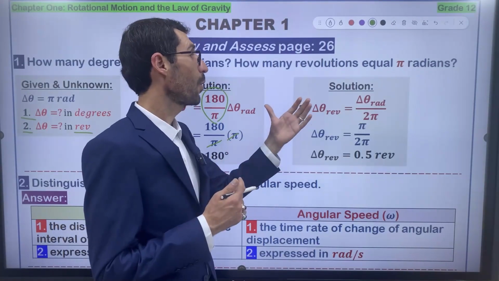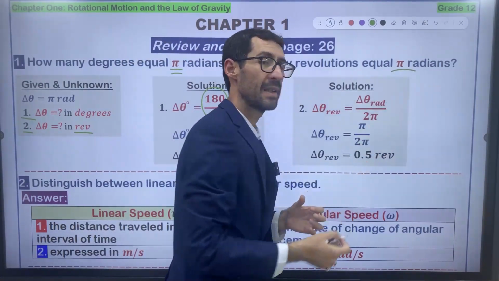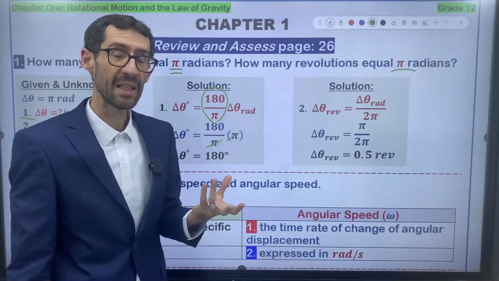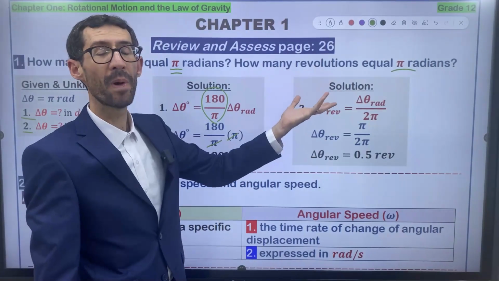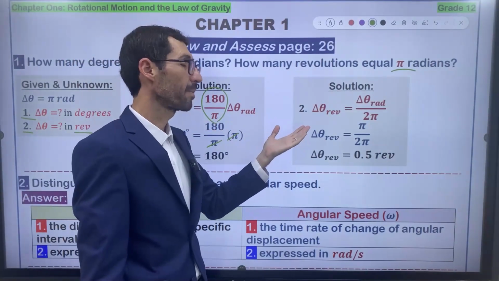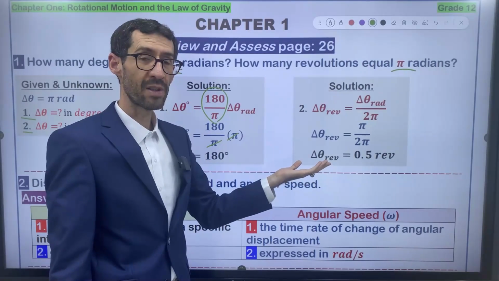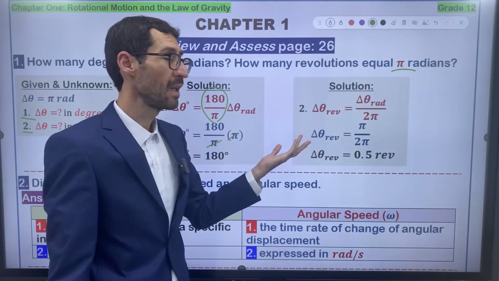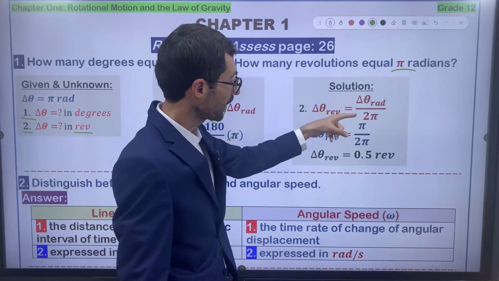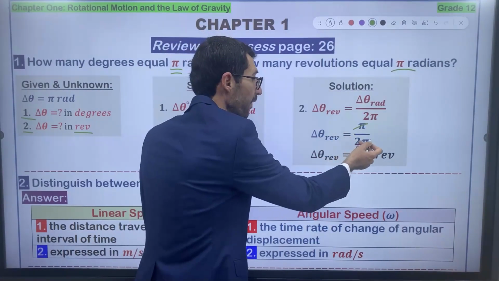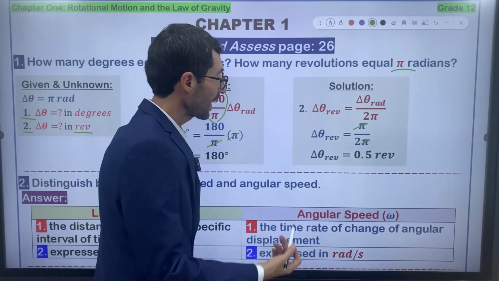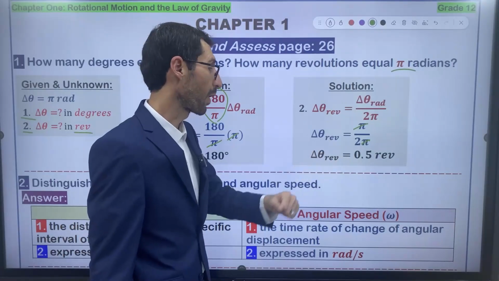So right now we have this angular displacement in radians, just divide by 2 pi to get the angular displacement in rev. It's very easy. Pi divided by 2 pi, we can simplify pi with pi, and the answer will be 1/2 rev or 0.5 rev.